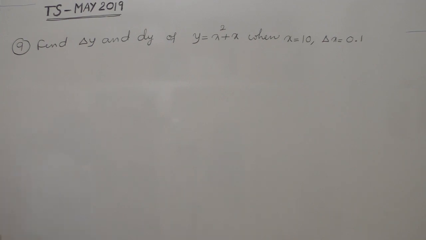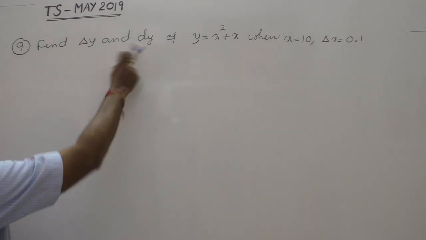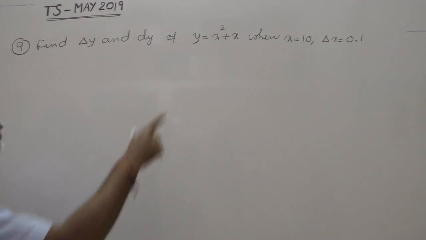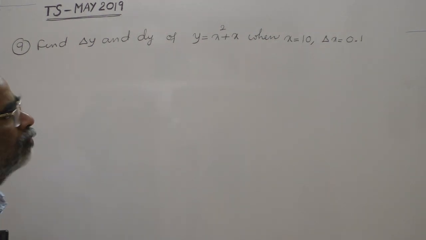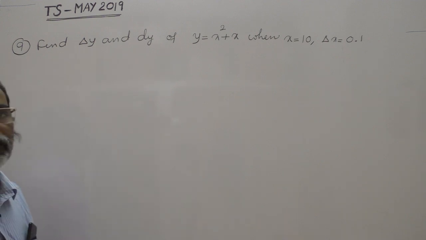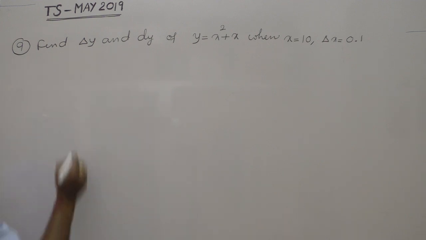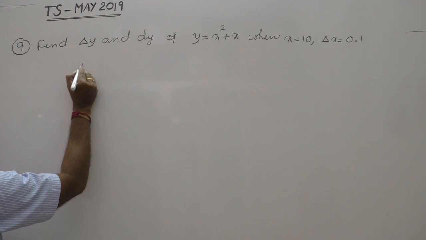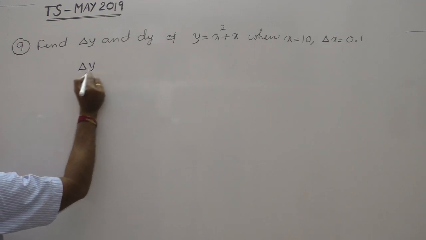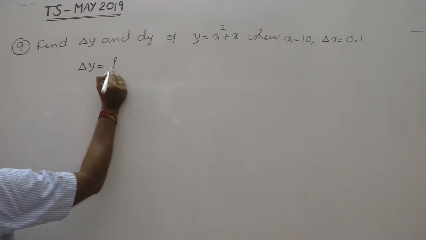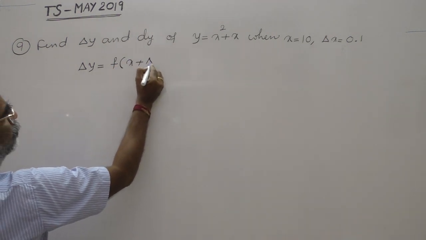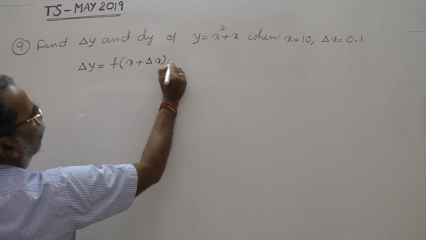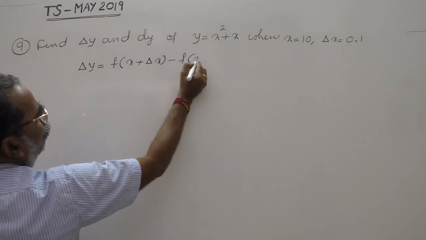Next, question number 9. Find delta y and dy for this function when x equal to 10, delta x equal to 0.1. This question is from errors and approximations. First we will find delta y. So delta y is f of x plus delta x minus f of x.